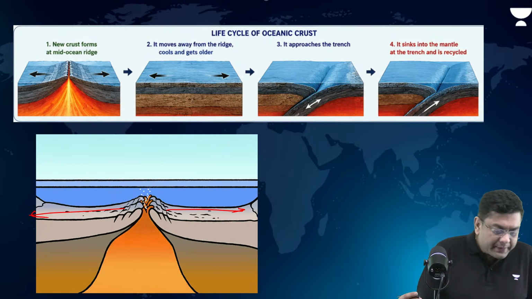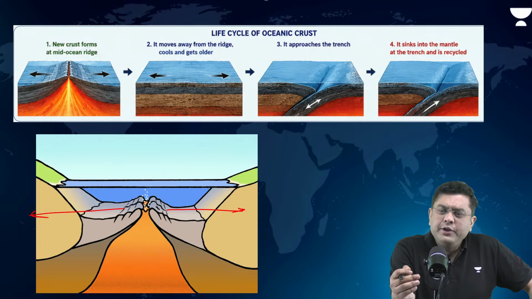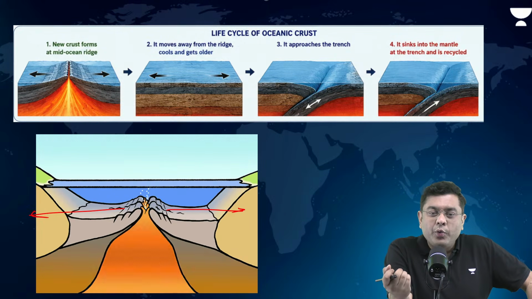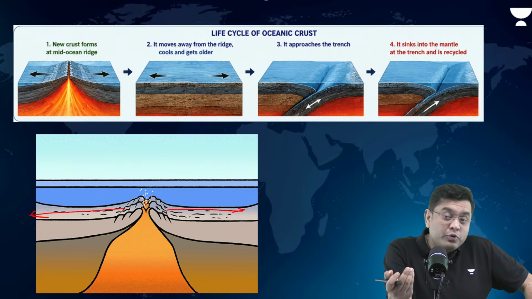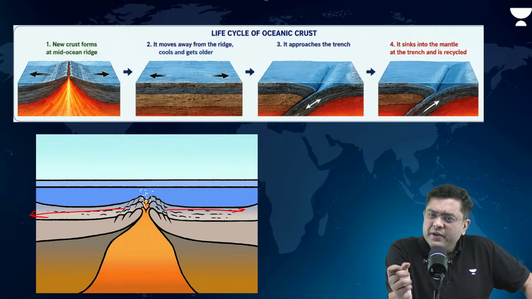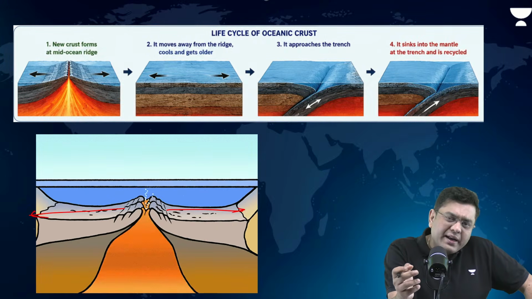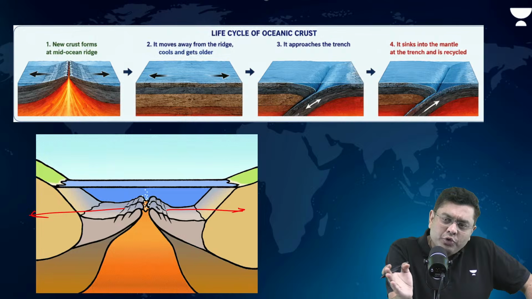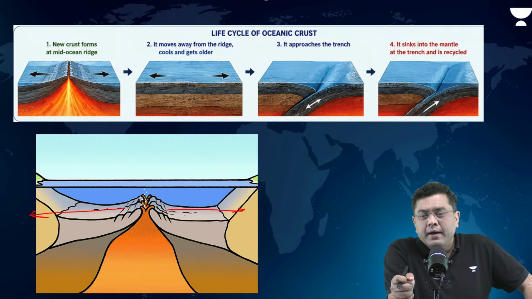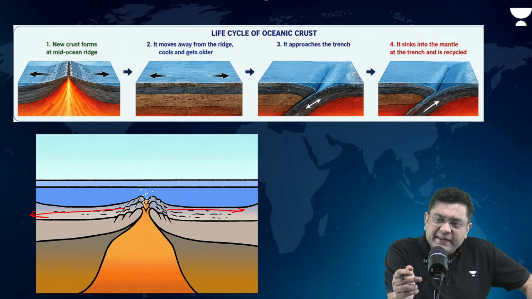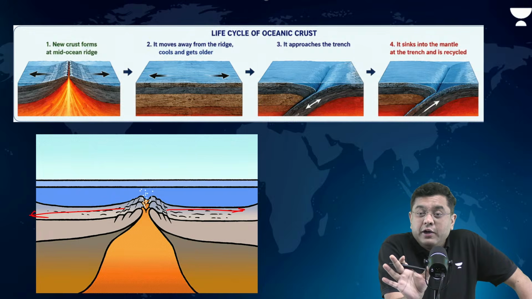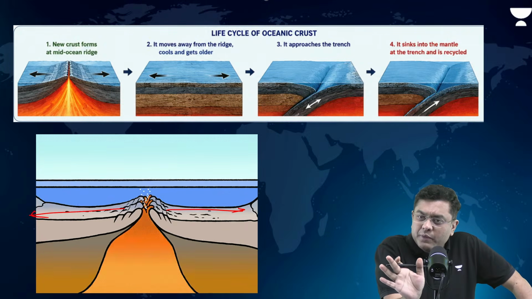Now, remember one thing: when Alfred Wegener tried to explain why North America and South America moved away from Europe and Africa respectively, what was Wegener's reason? Wegener had said that it was moving away because of tidal force or the force of gravitation. But Harry Hess said that no, the entire Atlantic Ocean was not present 200 million years ago.